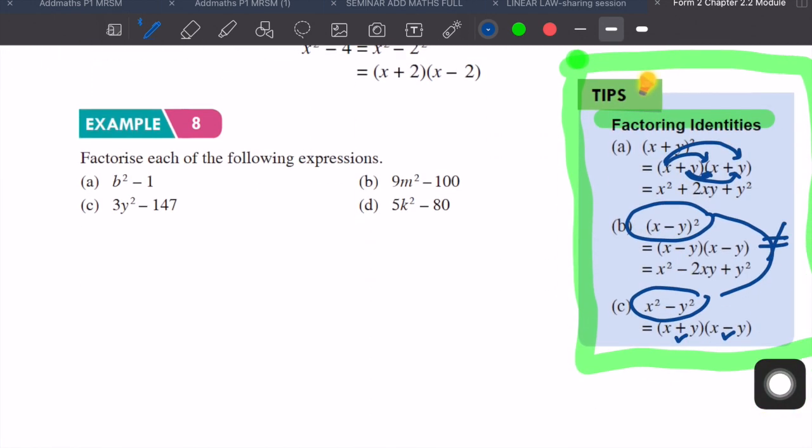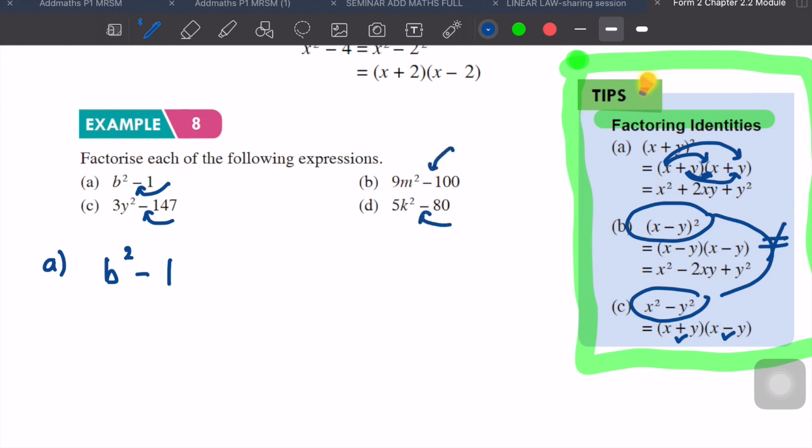Saya tunjukkan the first example, where you have b square minus 1. First, you try to change semua ni ke dalam bentuk perfect square. Dan yang penting, this operation is minus. Ini mesti tolak. Mesti tolak.